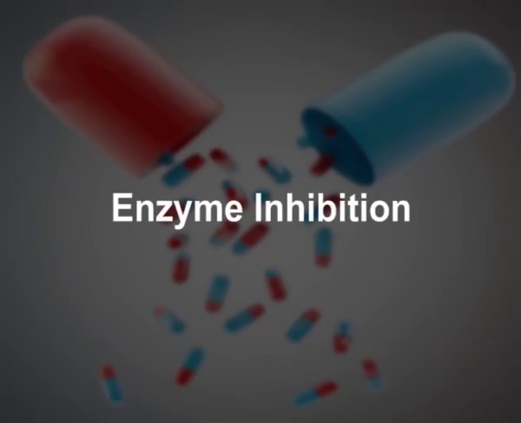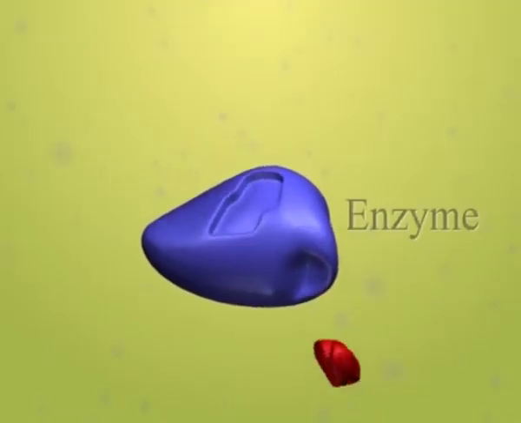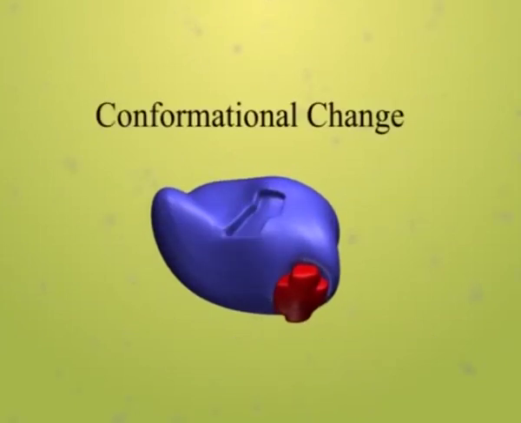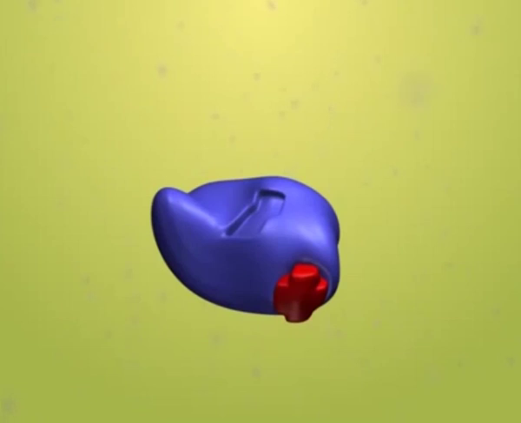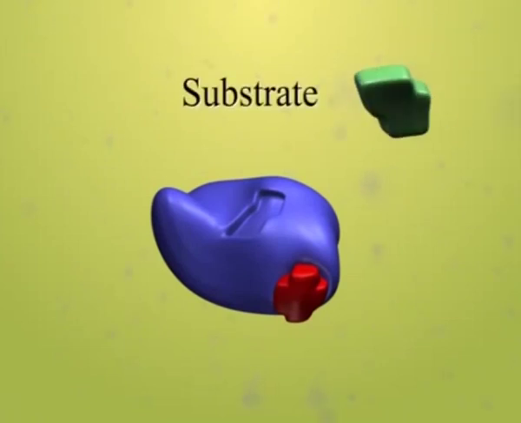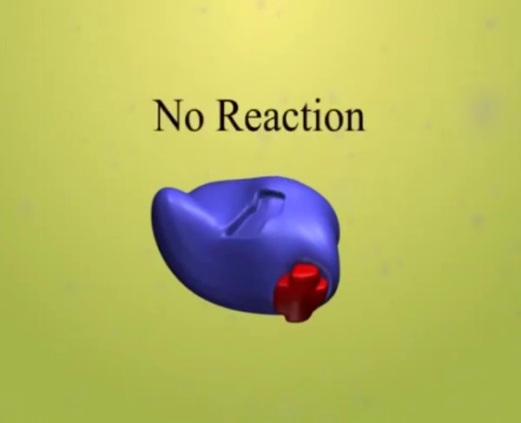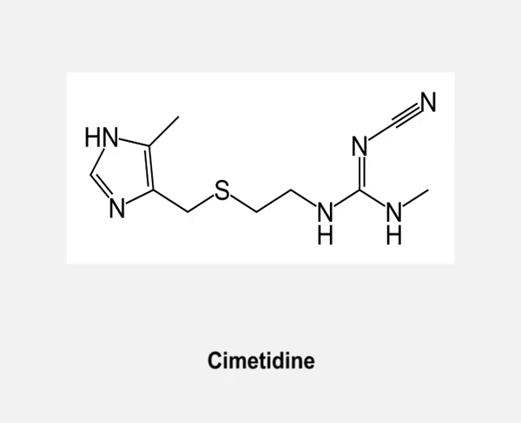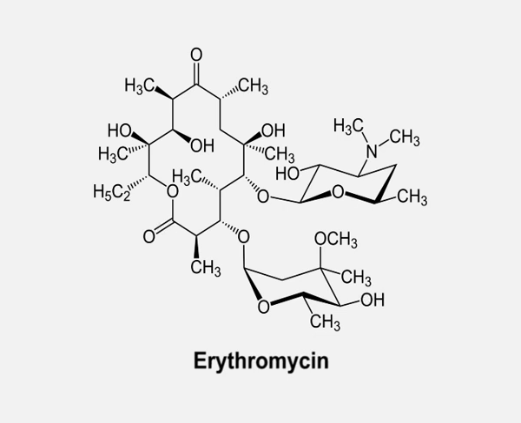B category is enzyme inhibition. It may result from non-competitive or competitive inhibition of CYP enzymes by a second drug, an effect that may occur rapidly. Examples of hepatic enzyme inhibitors include cimetidine, fluconazole and erythromycin.